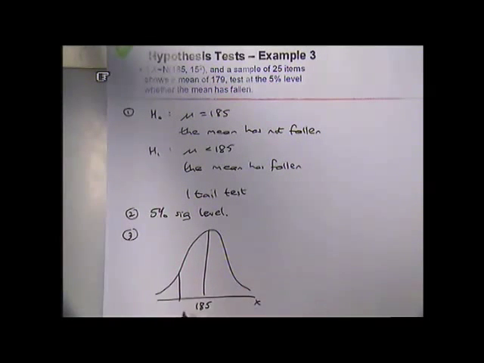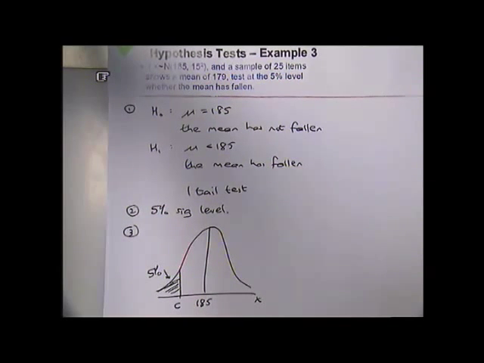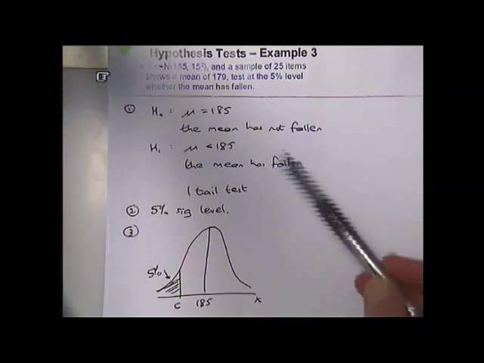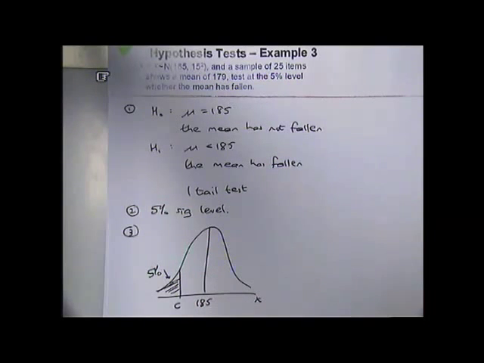So our critical region is going to be to the left of this C value, where this shaded area is going to be 5%. We need to find out what this C value is. Then we look at our test statistic, which is the 179. If the 179 is where my pen is pointing, which hypothesis will we accept? H1. If the test statistic was anywhere over here, we would accept H0.